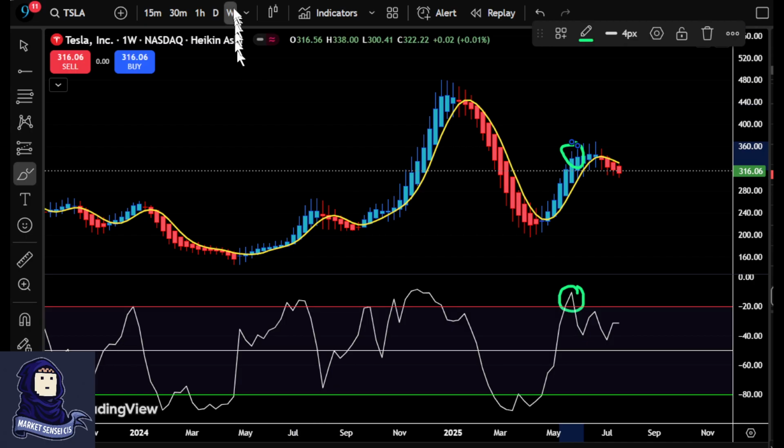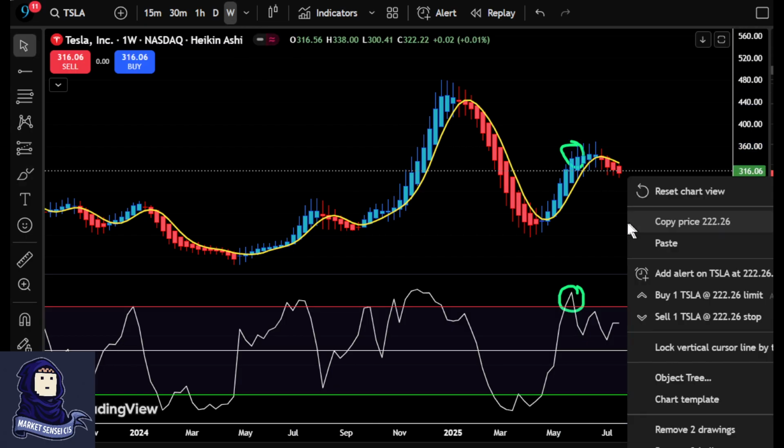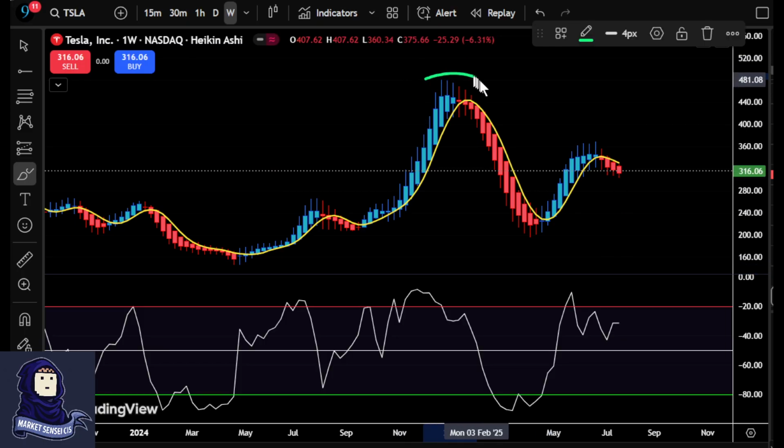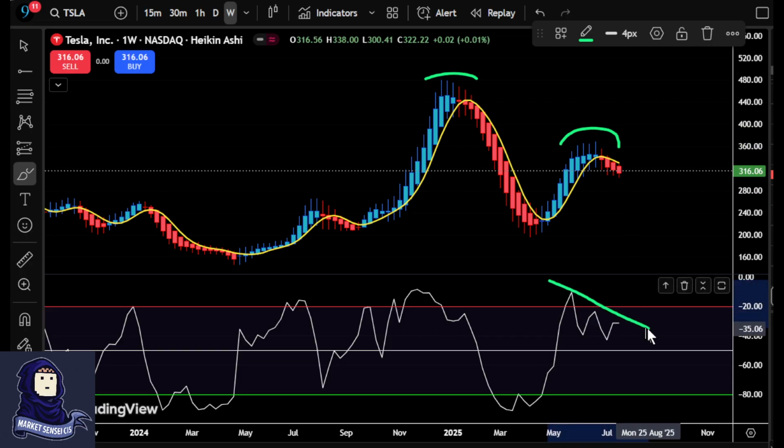Because this is a weekly chart, it'll take about 4 more candles, and you can see all the momentum slowing down. And this one is pointing downwards. This indicates that there is a strong weakness for Tesla. You can see here a lower low, lower highs, and then a very big divergence pointing downwards.